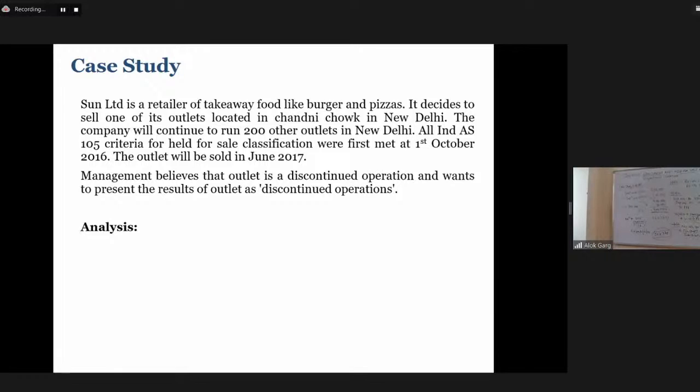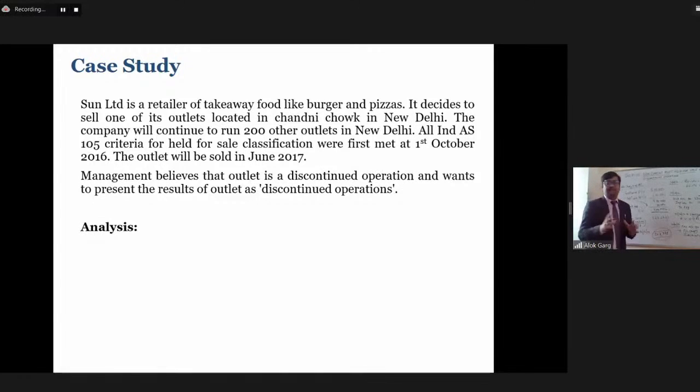Is this outlet a non-current asset held for sale, a disposal group held for sale, or a discontinued operation? Pujita, what is your view?